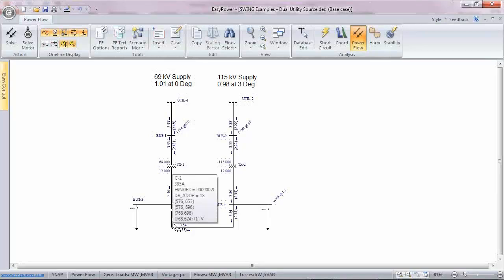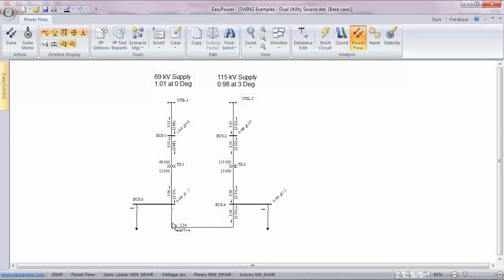And this would be a reason why in your facility, if you had two different services, you really don't want to connect them. Now, if they're fed from the same exact location, so in other words, let's say these were both 269 kV supplies, and they both go back to the substation, it's just you have two separate lines coming into your plant.